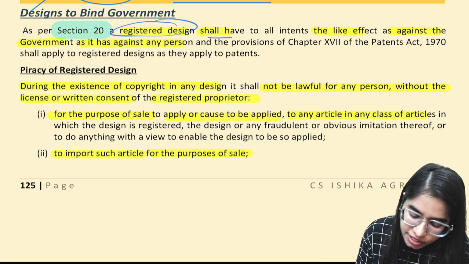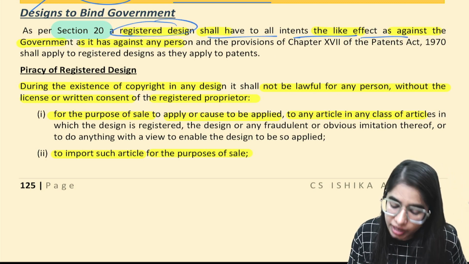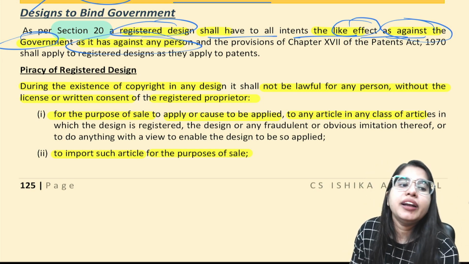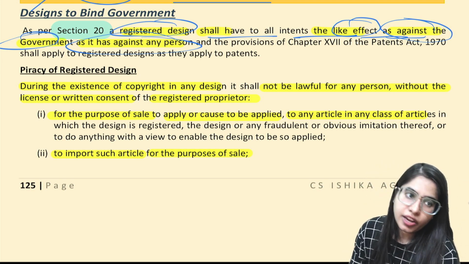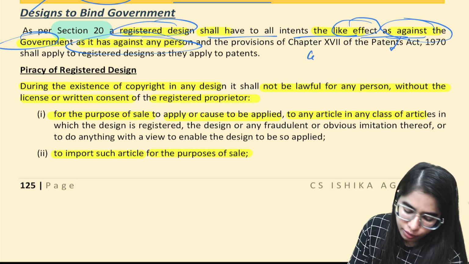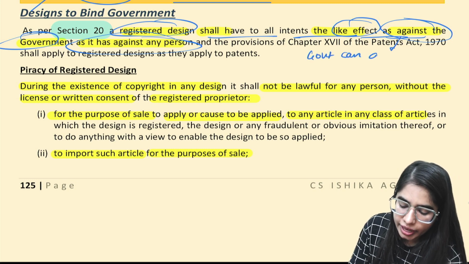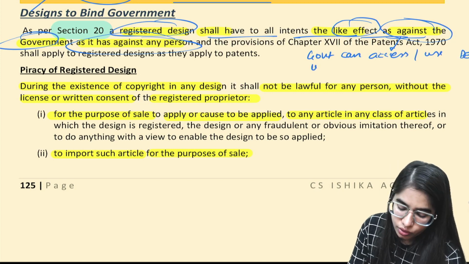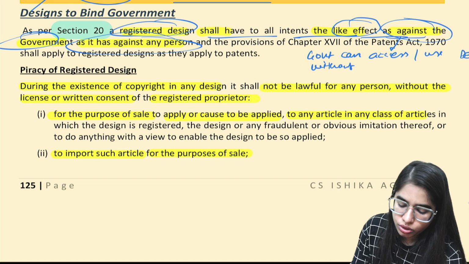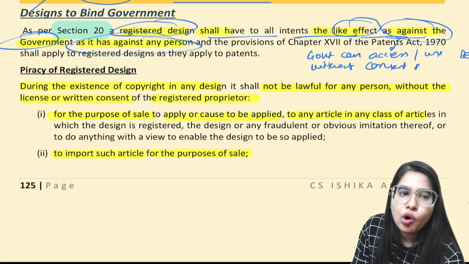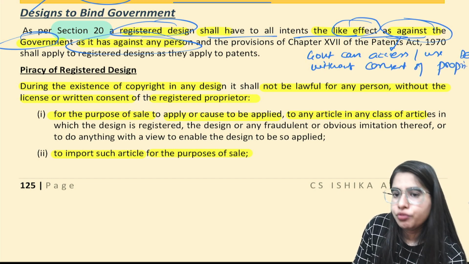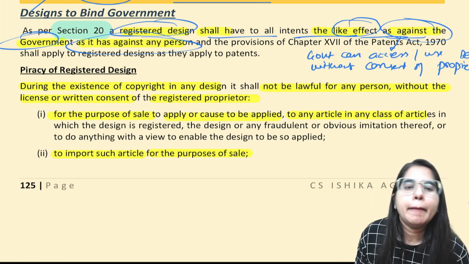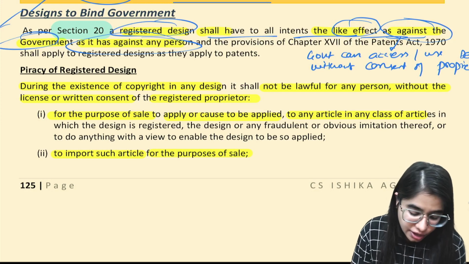So a registered design shall have the same effect against the government as against any other person, which means government cannot access or use a design without the consent of the proprietor of the design. That's it. Very important.